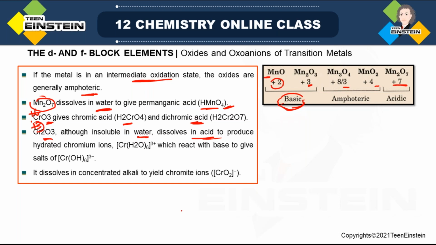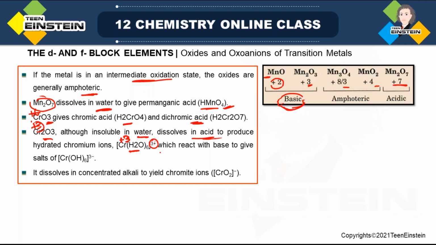What it gives after dissolving in acid is chromium hexaaqua, that is 6 water molecules surrounding chromium 3+. H2O is a neutral ligand, so whatever the oxidation state is, you can see directly the 3+ charge outside the square bracket.